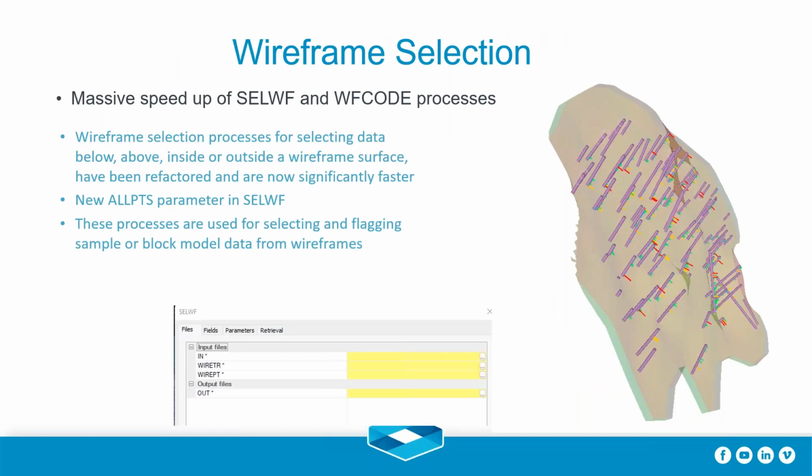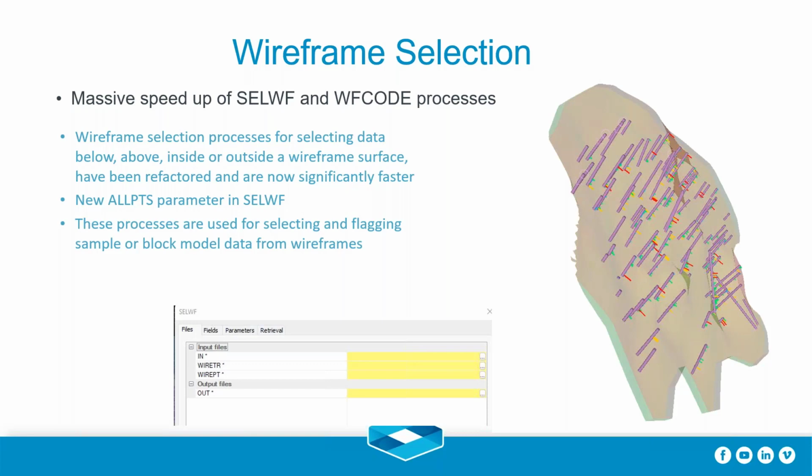So wireframe selection, I'm kind of proud of this because it's something I did myself. I won't just talk about things I've developed myself, but we're seeing 8 times to 20 times, not 8%, 8 times to 20 times faster now. So it used to be in Fortran.